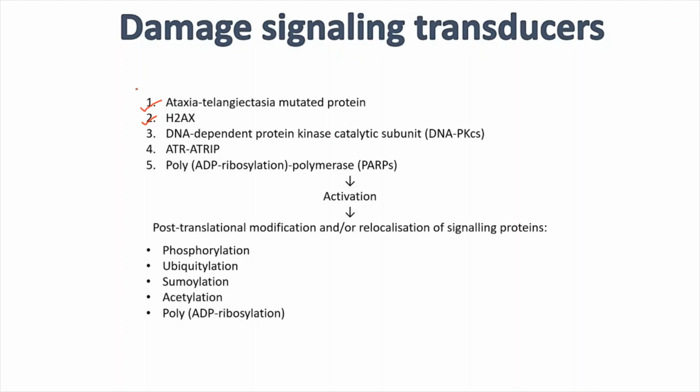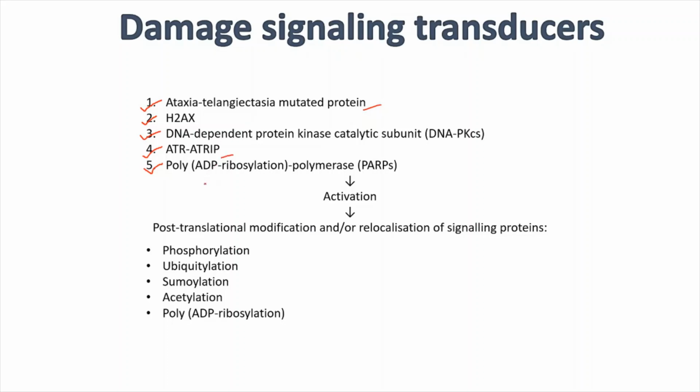Coming to the signaling transducers, we have 5 transducers, namely ATM, H2AX, DNA-dependent protein kinase catalytic subunits, along with ATR, ATRIP, and PARPs. So ATM and ATR, ATRIP I have explained in my previous part of the video.